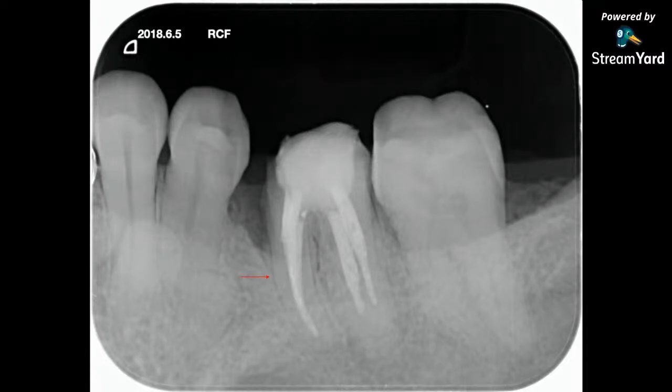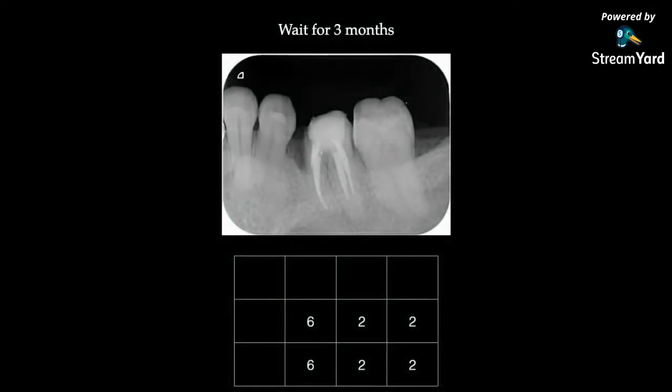And still you can see the periodontal pocket, the periodontal defect. And this shows maybe the periodontal baseline. And we waited for 3 months. You can see the region around the apex was improved, but still a deep pocket.